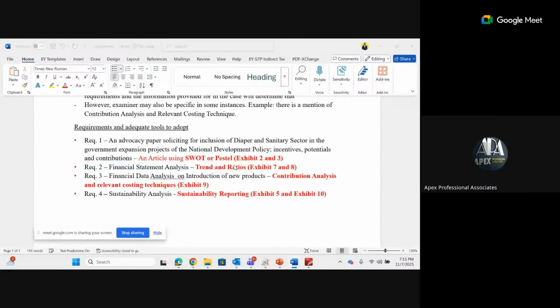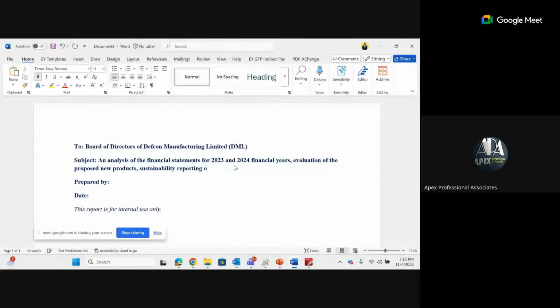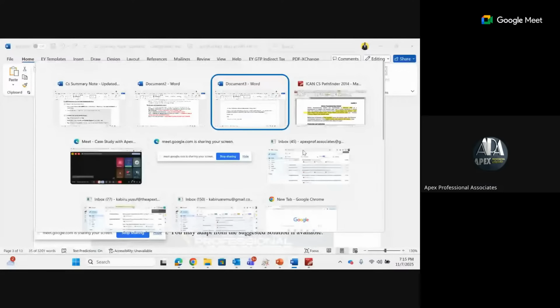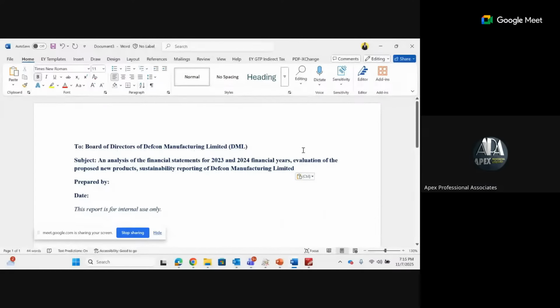Let's just keep it simple. At least we have been able to bring in 3 of the requirements as our subjects, right? An analysis of the financial statements for the 2023 and 2024 financial years, evaluation of the proposed new products, and sustainability reporting of DEFCON Manufacturing Limited.